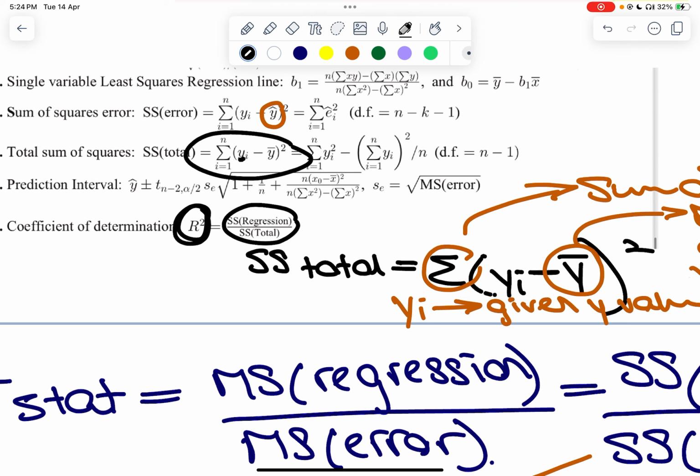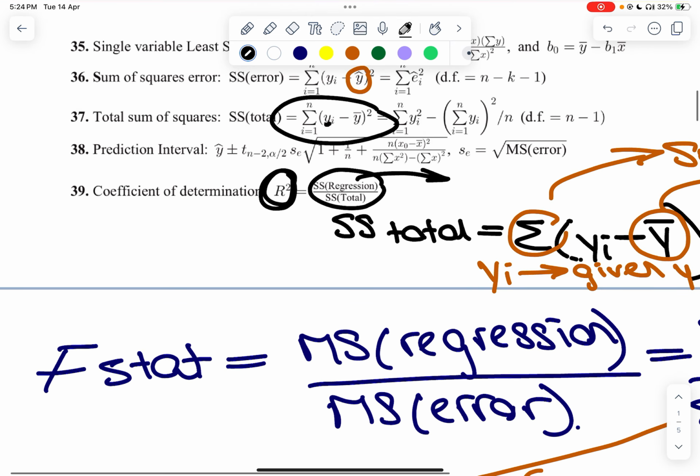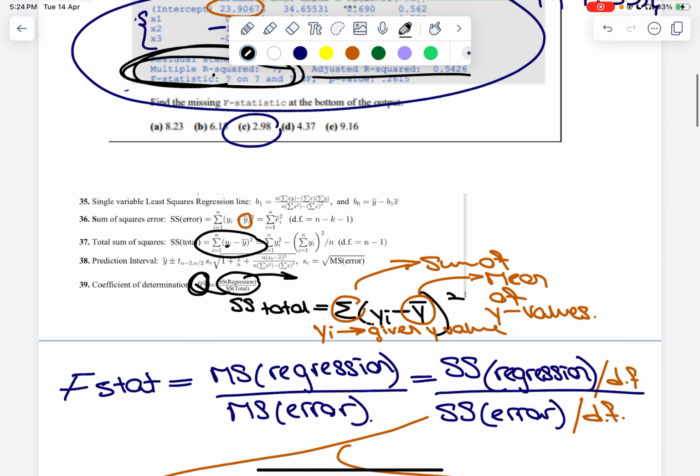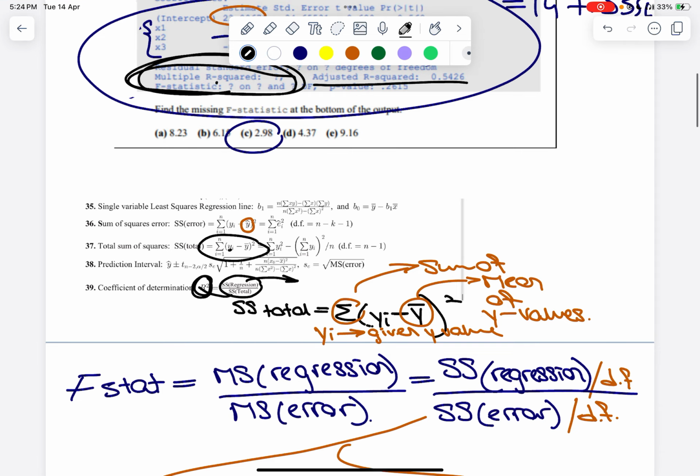We could have gone SS total, and when we got SS total, we could have gotten SS regression immediately by just multiplying this by this and rearranging this formula. And if we got SS regression and SS total, then we could get SS error and divide by the degrees of freedom, and that wouldn't have taken long at all. So we wouldn't have had to calculate much other than SS total, which we saw didn't take long.